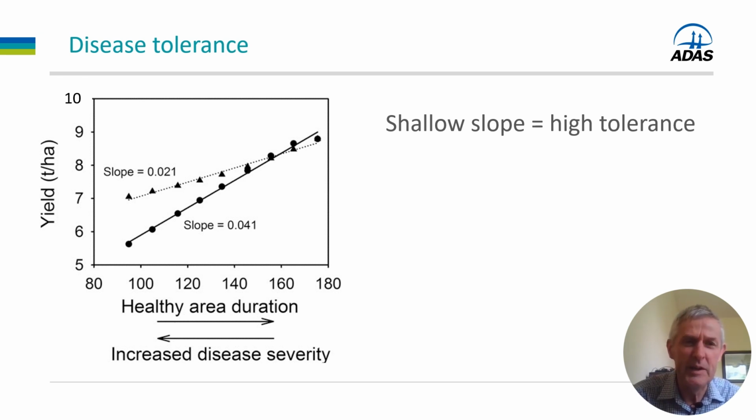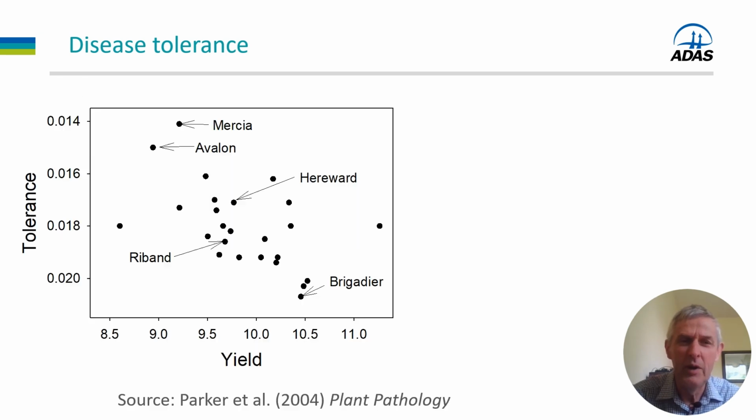And about 20 years ago, we did this very intensive set of measurements in order to quantify tolerance for a panel of about 25 of the then currently elite winter wheat cultivars in the UK. And when we plot them on this chart, this is the scatter diagram that we get.